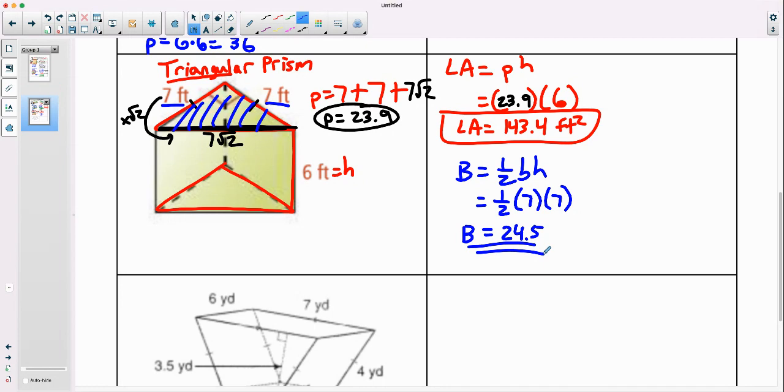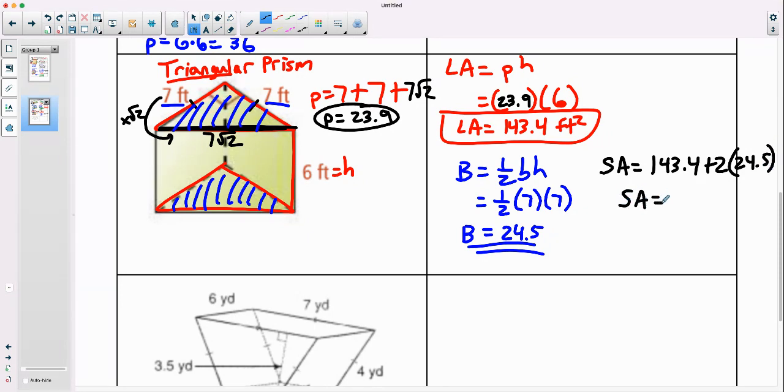We're going to double that because that's going to be the exact same area that we have on the bottom. So from there, we can get our answer. The surface area is 143.4 plus 2 times 24.5. And that gives you a total of 192.4. This one is in square feet.